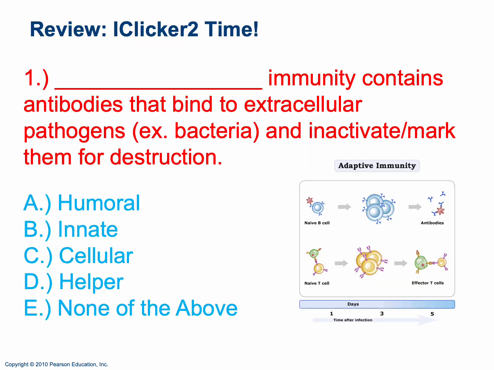All right, it's time to review some of the important concepts that we've covered so far in today's lecture. Number 1 for review, blank immunity contains antibodies that bind to extracellular pathogens like bacteria and inactivate and mark them for destruction. So, what would be the correct answer here?